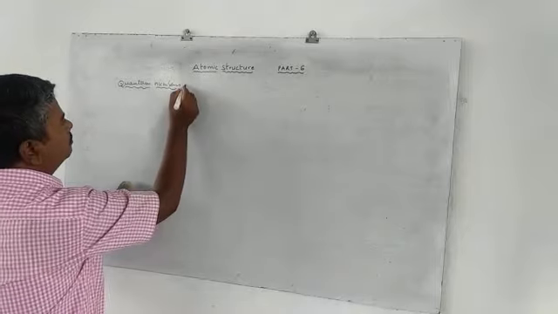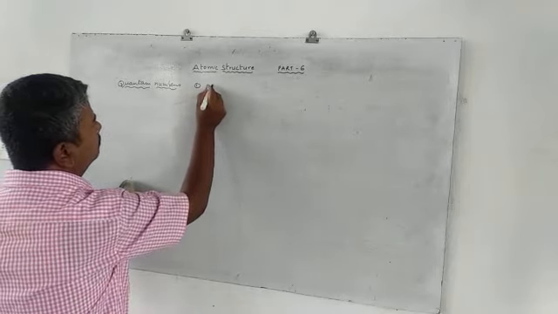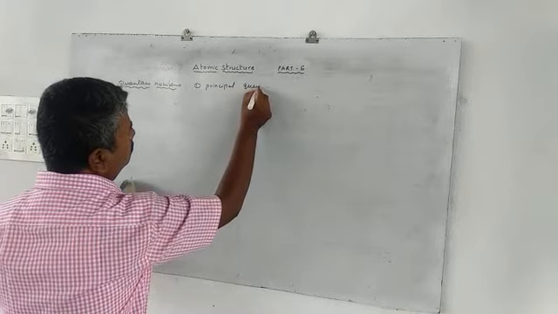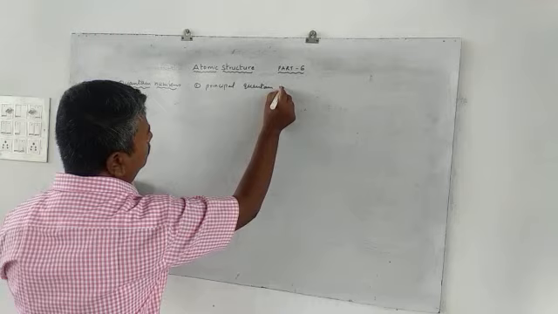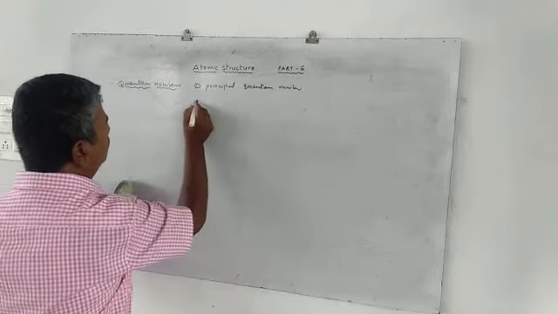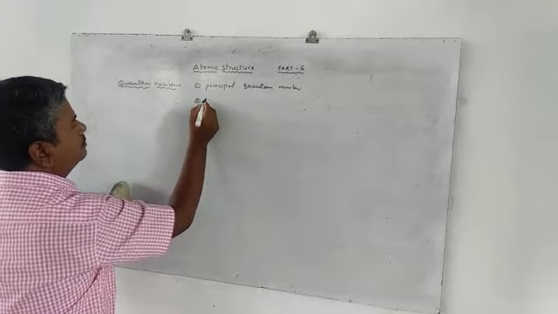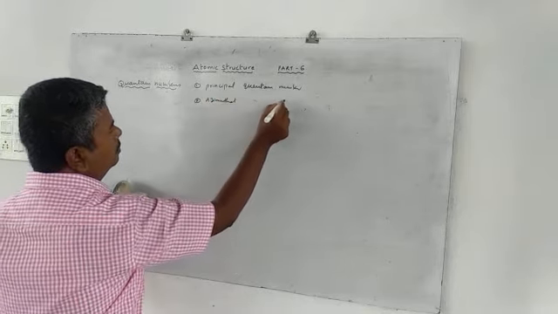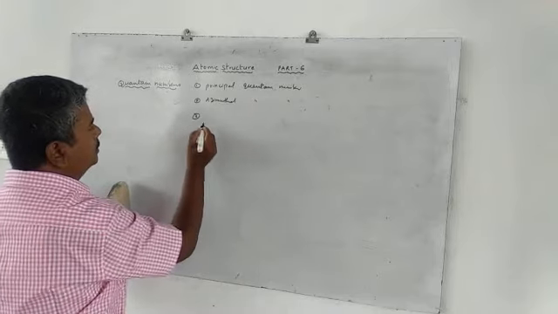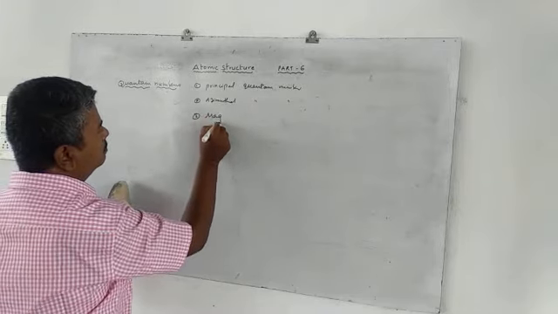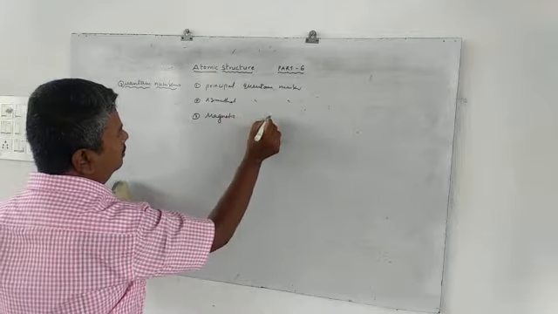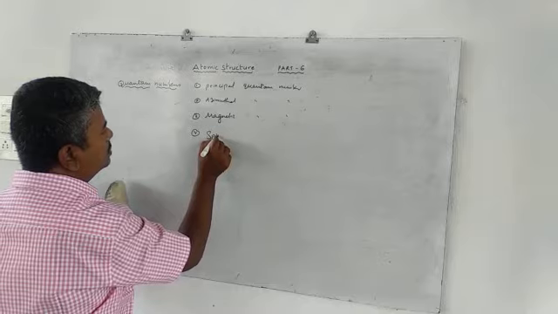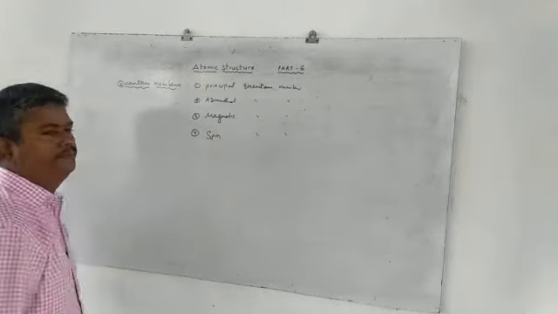Primarily we have 4 quantum numbers: the principal quantum number, second one azimuthal quantum number, third one magnetic quantum number, and finally spin quantum number.